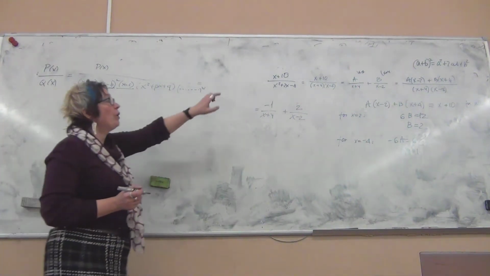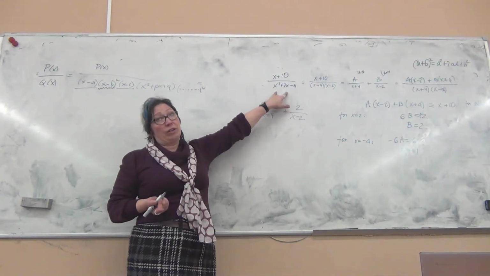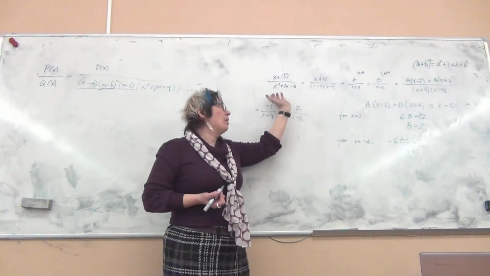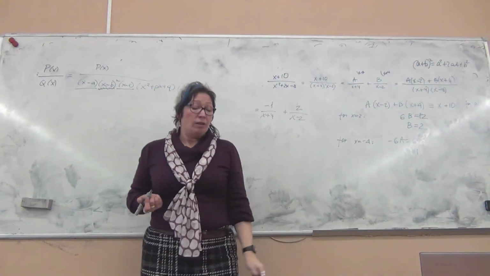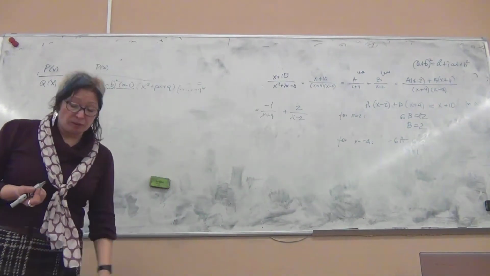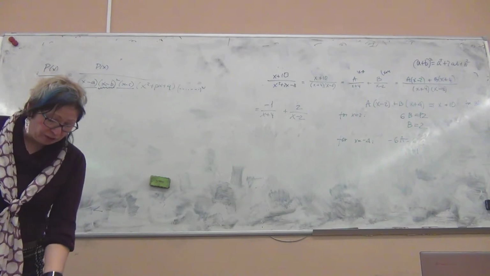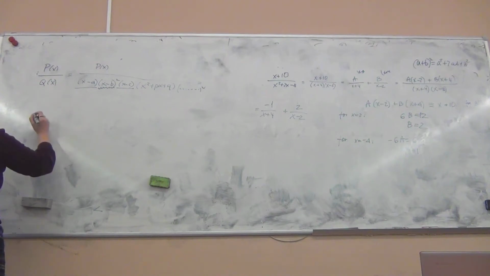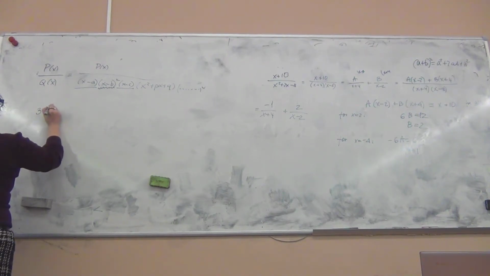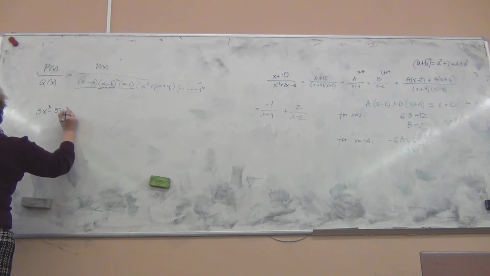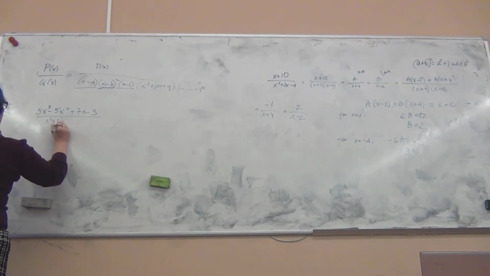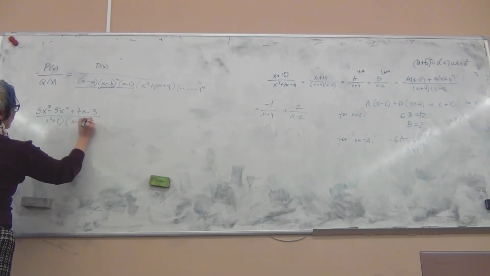Of course, if we have a nice quadratic in the denominator, which can be factorized easily, then this is not difficult to do. The difficult situations arise when we have something more complicated. For example, the second one: 3x cubed minus 5x squared plus 7x minus 3 over x squared plus 1 times x minus 1 squared.